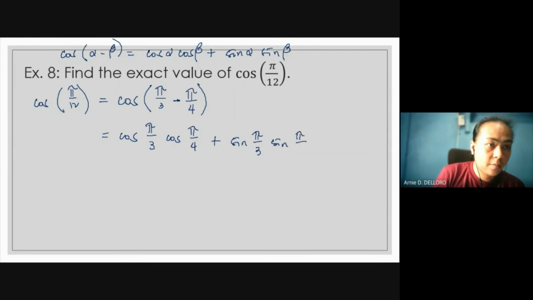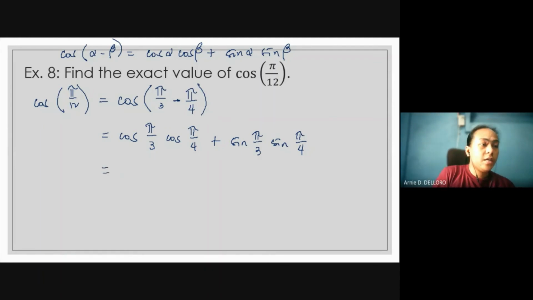sine pi over 4. Ang gagamitin natin dito mga values ay yung coordinates: ang cosine pi over 3, cosine pi over 4, sine pi over 3, at sine pi over 4. Yun lang din po yung isa-substitute natin. Okay? So you may just go back to the unit circle na pre-send sa inyo nung diniscuss yung circular functions. Okay?